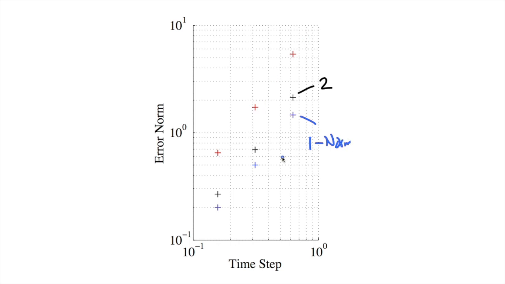If we were to draw a line here with slope unity, so from here to here is 1 decade, and here to here is 1 decade, a slope of 1 would simply join like that. That's roughly the behavior one is observing. I didn't quite draw this as well as I could have with a ruler, and joining to this point would be closer to the slope of these data points.